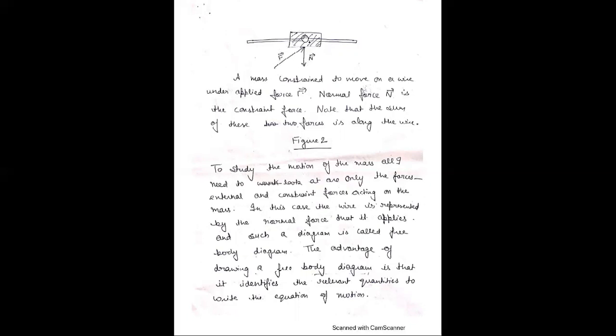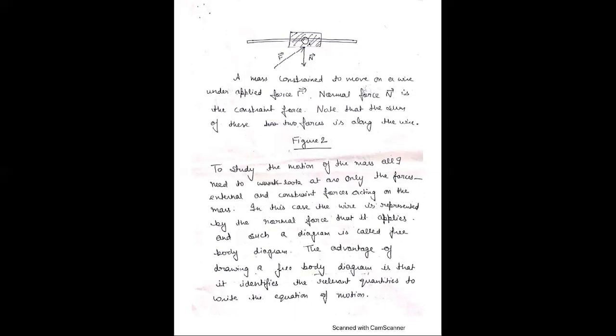Now, to find the motion of the mass, we have to draw the free body diagram. To find the motion of that body, firstly we draw the free body diagram of that box. And what is a free body diagram? It is the pictorial representation of a body that gives the value of all external forces that act on the body.